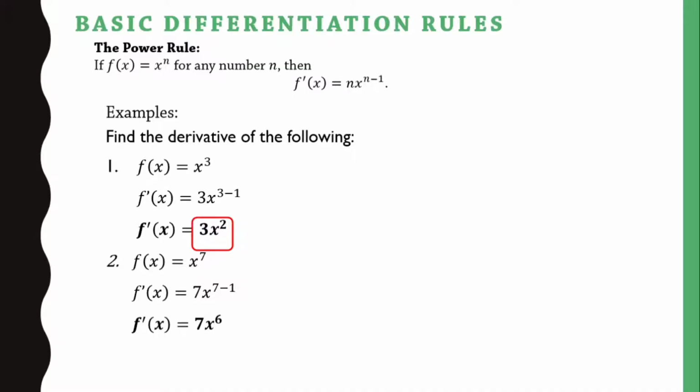So f prime of x is equal to 7x raised to 6. Third example, we have f of x equals x raised to 11. Again, using the power rule, we take 11 and make it our numerical coefficient. Then subtract 1 from our exponent. So our derivative will be 11x raised to 10.